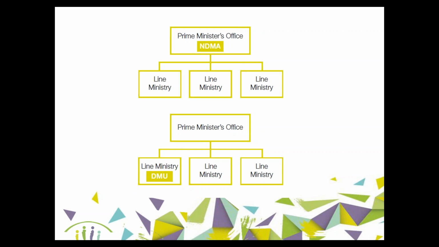Basically the NDMA can sit within the Prime Minister's office, which is a model used in Colombia and Uganda, or it can form a disaster management unit in line with a local government ministry, like Bangladesh or Zimbabwe. And the third model is that there's no single NDMA, but instead line ministries have the role, like in Turkey.